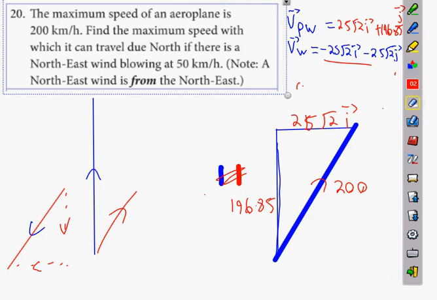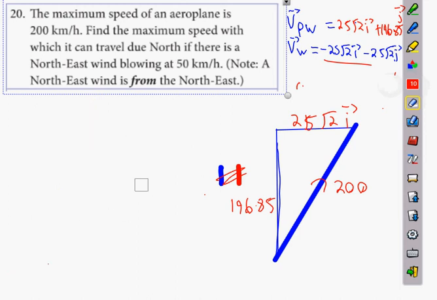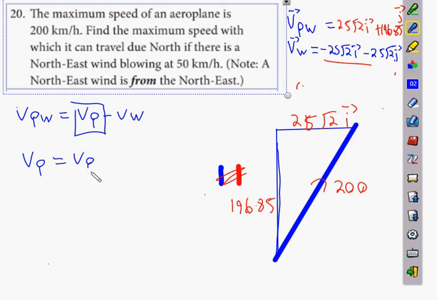So in order to take all this into account, all we have to do next is just do the actual velocity of the plane. So if you don't know this formula from scratch, VPW ends up to be VP minus VW. Therefore the velocity of the plane, VP equals VPW plus VW.